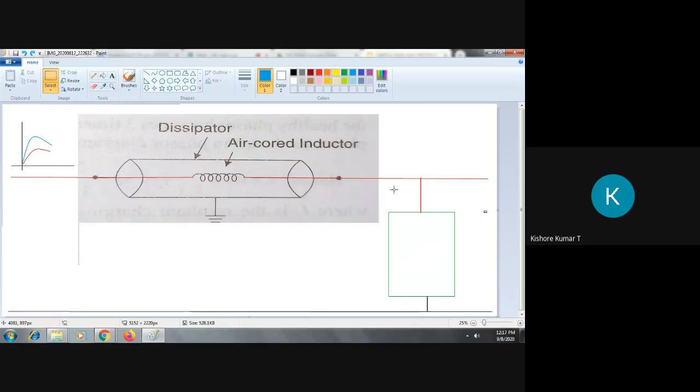This is what the basic impulse insulation level standards will give you. You can think of them as predefined values. For 11 kV, the transformer should have this value of insulation level; for 33 kV, this value; for 220 kV, this value. This is how we prefix the value of insulation level for the transformer, and that is called the BIL standards.